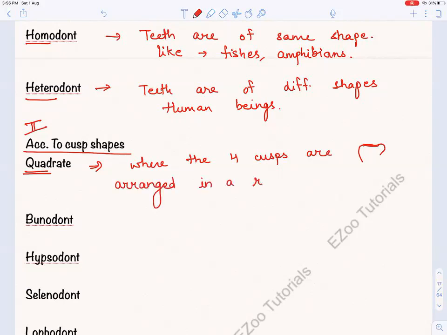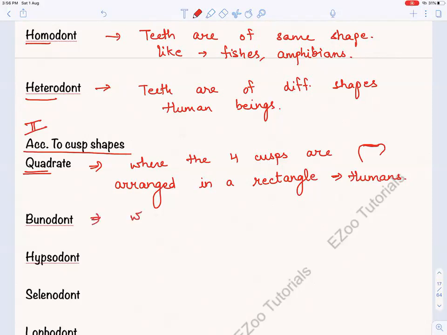I'm not going into much detail because it is not much needed. There are a few things which you need to remember. So quadrate is where the 4 cusps are arranged in a rectangle, and this you can find in humans, like in molars.